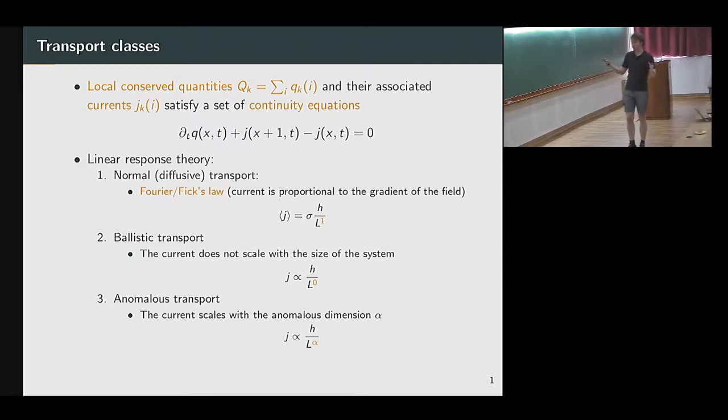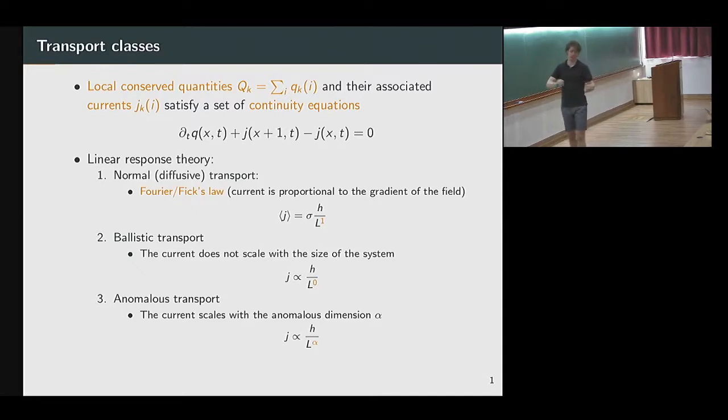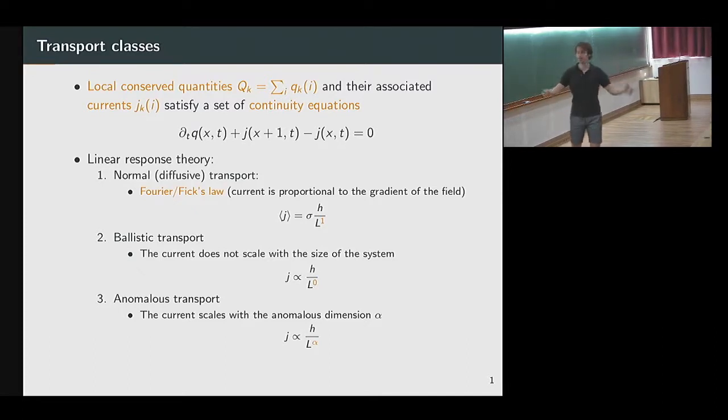What we usually expect, if my charge carriers are scattering randomly with some environment, is that Fourier's or Fick's law holds, which tells me that my current is proportional to the gradient of the charge. This corresponds to ordinary diffusive transport.